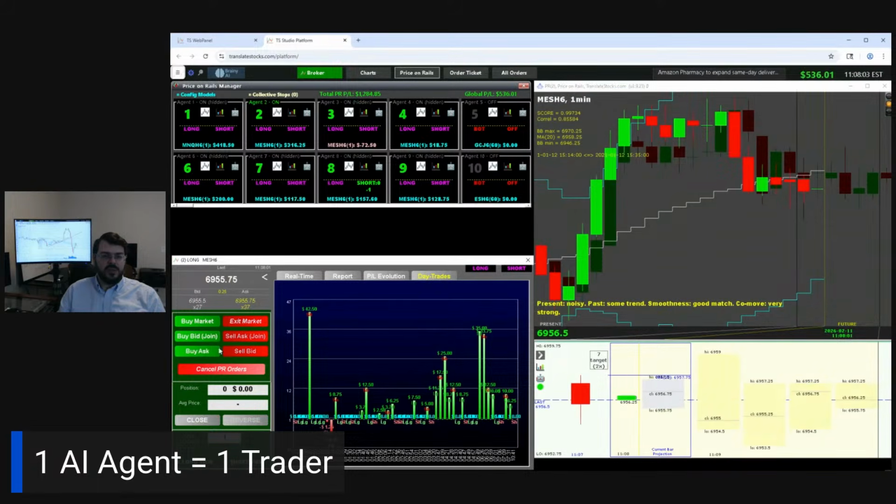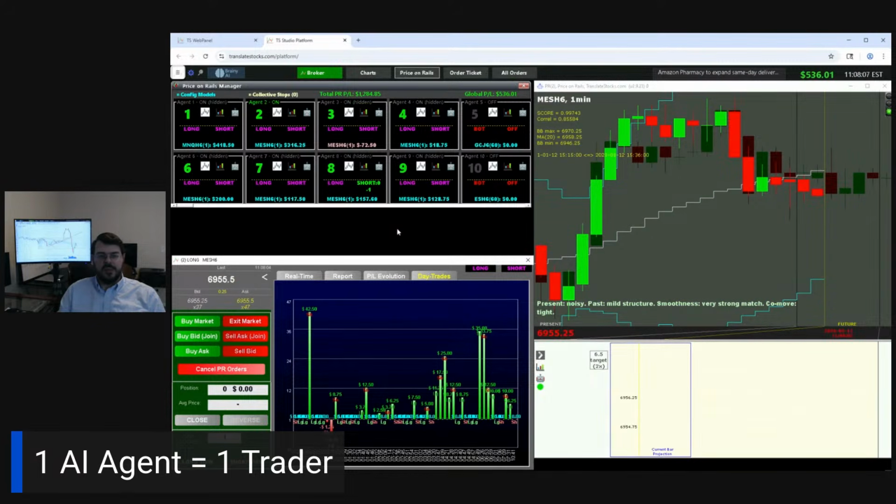You can switch from the long and short order ticket if you want to trade. I'm not doing that. We are just waiting for it to place the trades by itself. We have one agent trading here, the agent number 8. I will explain what you can expect from this screen once you are in this screen.